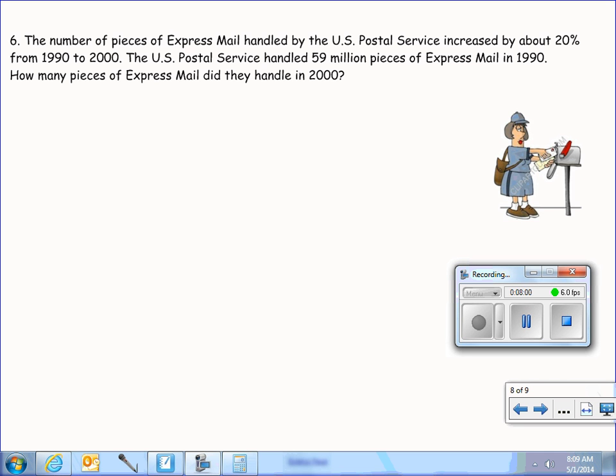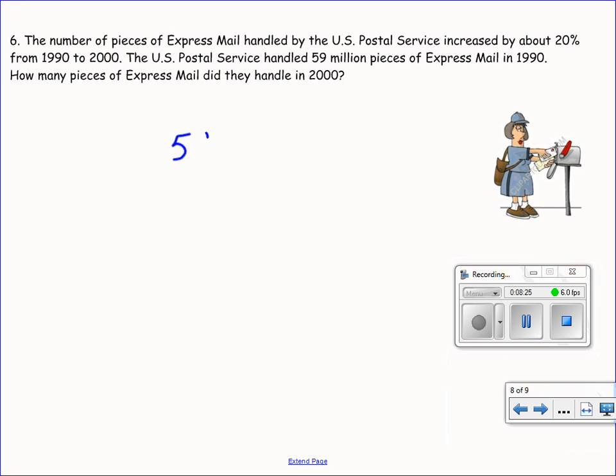So we know in 1990 that they had 59 million. That increased by 20%. How much did they then handle in 2000? So since we know that it increased by 20%, that meant it at least made the 59 million, which was 100%, and it increased by 20.